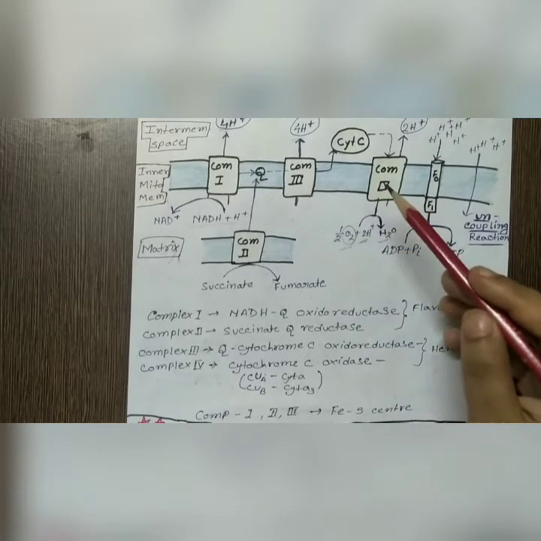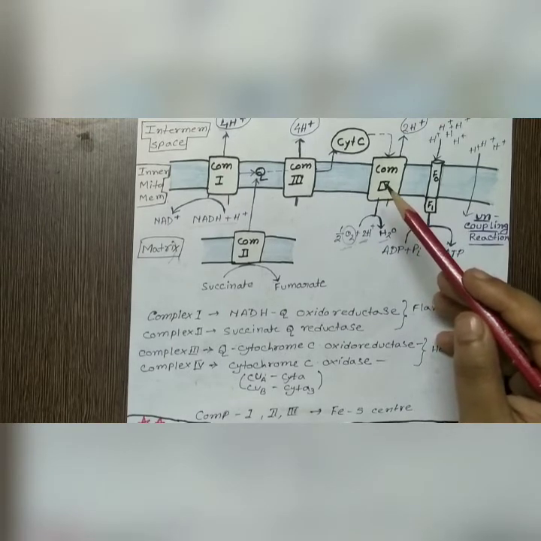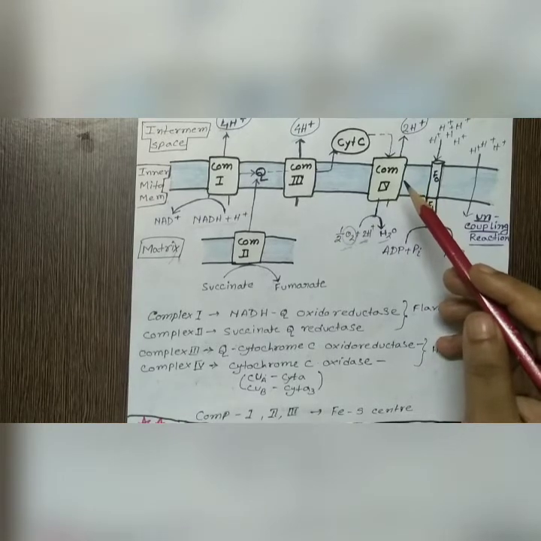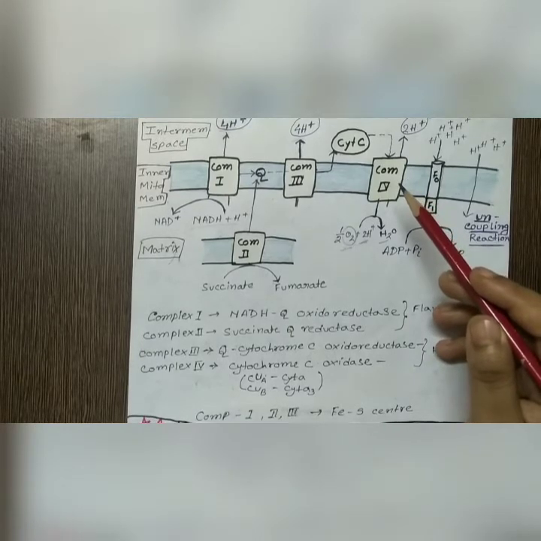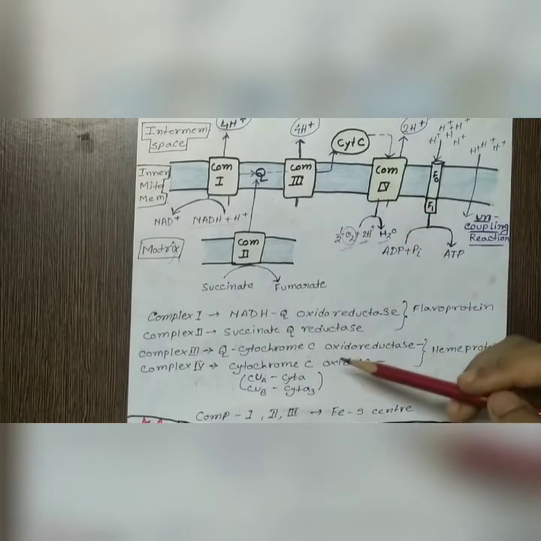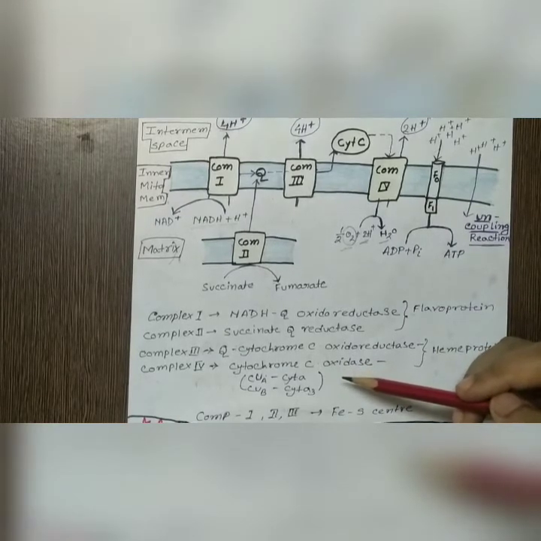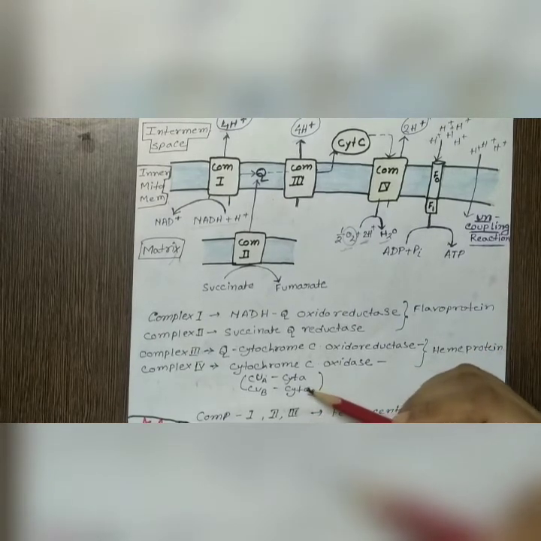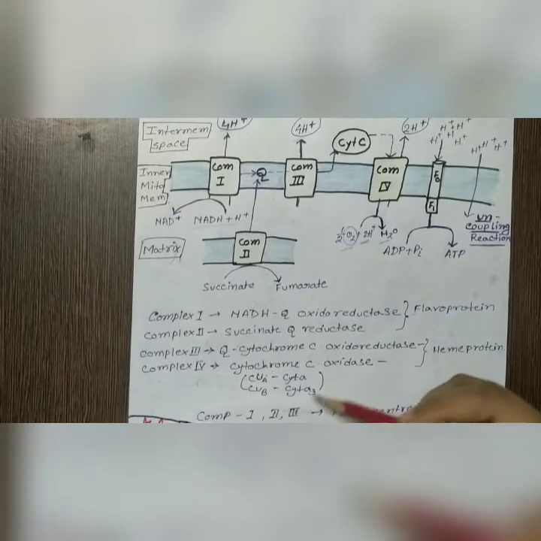Okay, so you should already know that complex fourth has 2 copper centers and 2 heme proteins, that is cytochrome A and cytochrome A3. They hand over the electron from copper A to cytochrome A, and then copper B to cytochrome A3, in such a manner.